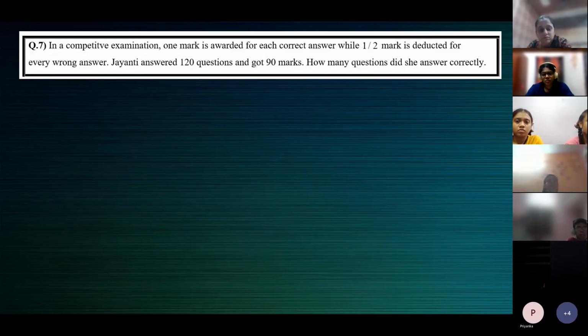Okay. Let's just understand this one and wind up the session for today. We'll just see this question. So we have switched to linear equations.